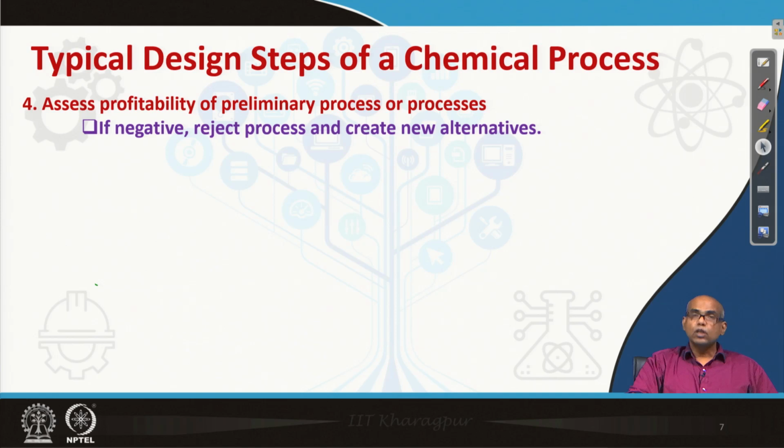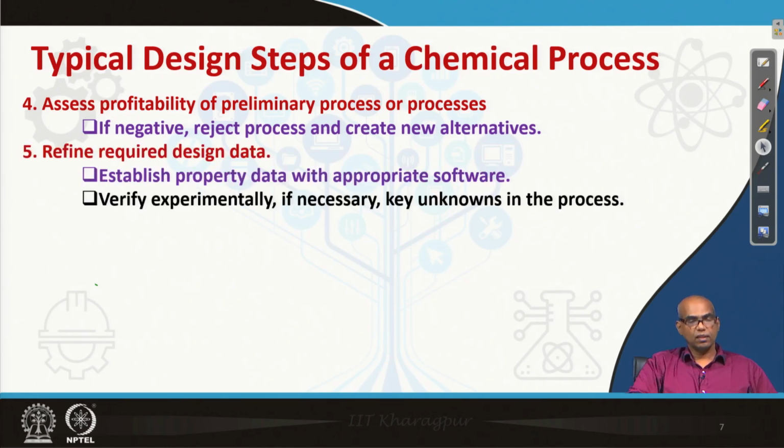So, you remember that we said that as soon as possible you have to eliminate the non-optimal design solutions. Refine required design data, establish property data with appropriate software. If necessary, verify experimentally the key unknowns in the process.